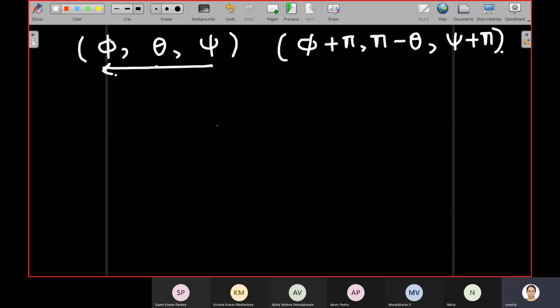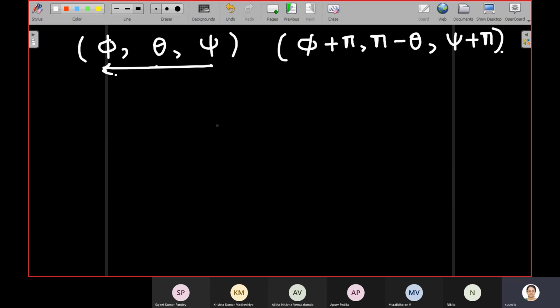These two sets, they give the identical alpha frame, and we do not want that. We do not want two different sets giving the same resulting frame.